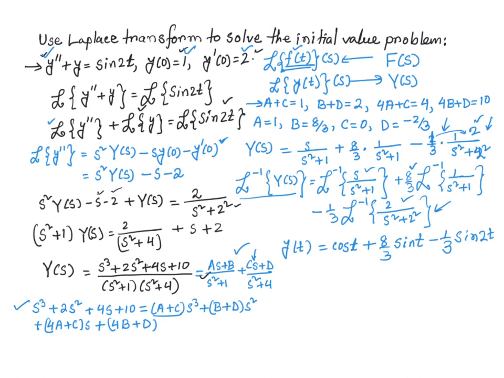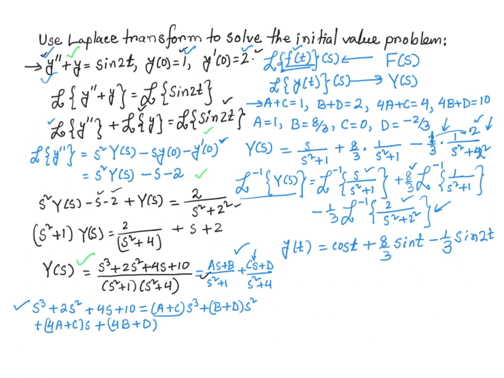Now let me summarize it a little bit. The process of applying Laplace transform is this. You apply the Laplace transform to the initial given differential equation, which is this in our case, and then you simplify it, using the linearity property of Laplace transform, and then you will get an expression like this.